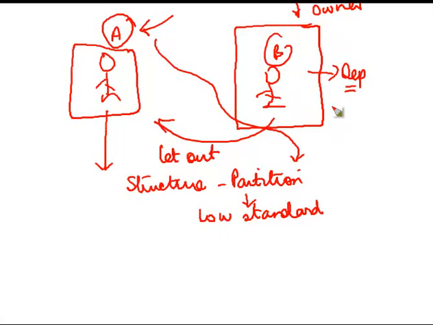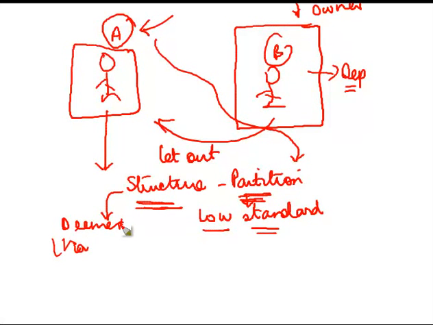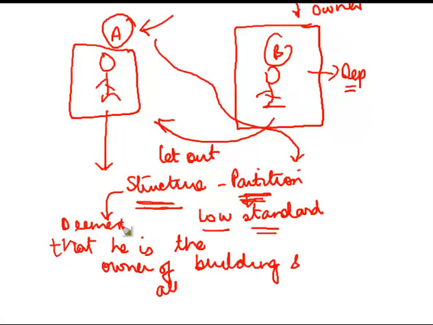But what this section provides is that if a tenant incurs some major expenditure on creation of some structure, then it will be deemed that he is the owner of the building and allowed depreciation on such expenses, right?